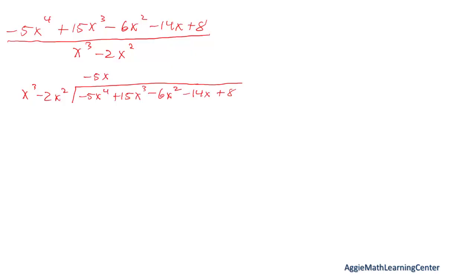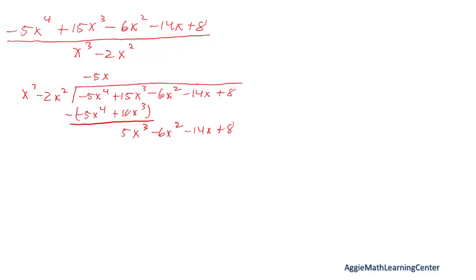Multiplying that out, negative 5x to the fourth plus 10x cubed, and you subtract that whole thing, and you're left with 5x cubed minus 6x squared. I'll just pull down everything.